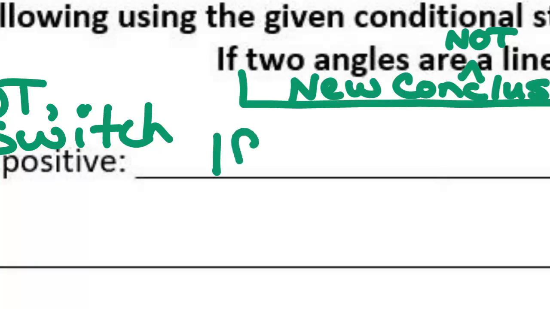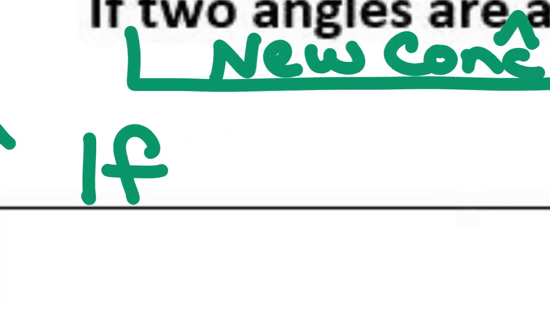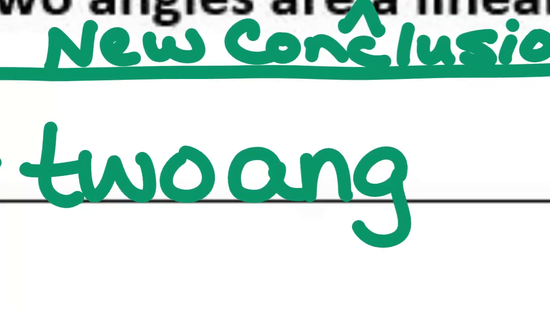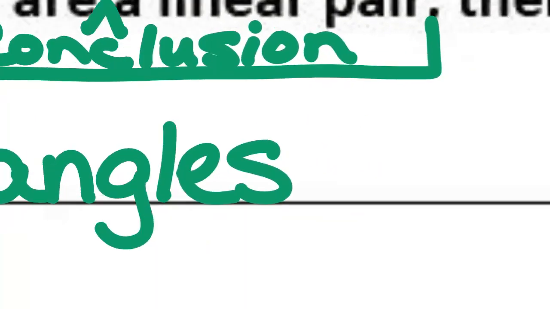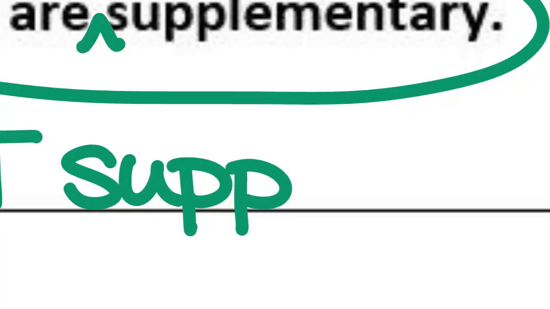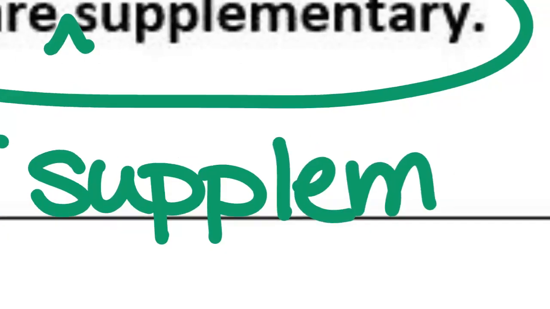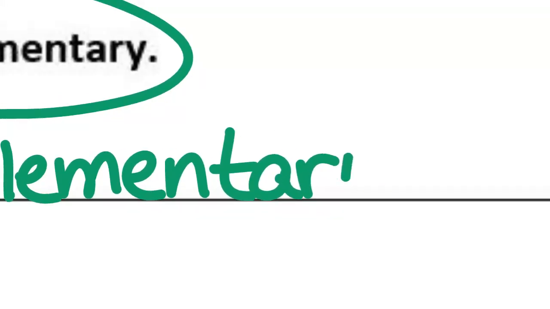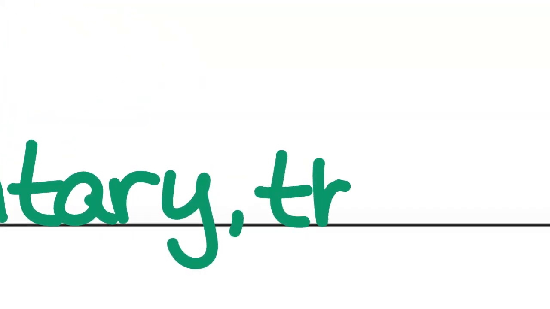So this would become, if they, what's they again? Two angles. If two angles are not supplementary, then they are not a linear pair.